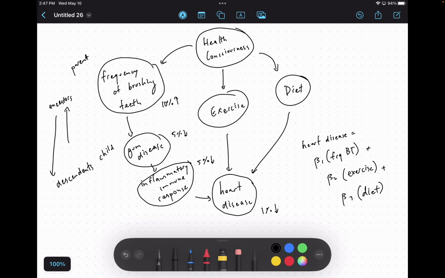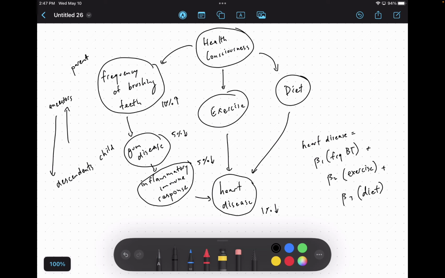So then, in this case, you are essentially controlling for all other factors that go into heart disease, right? And so by doing that, you are effectively isolating the effect of frequency of brushing teeth on heart disease.